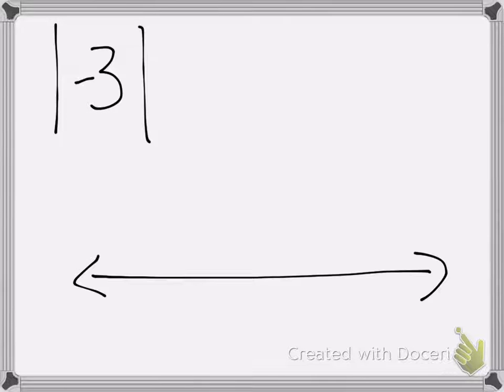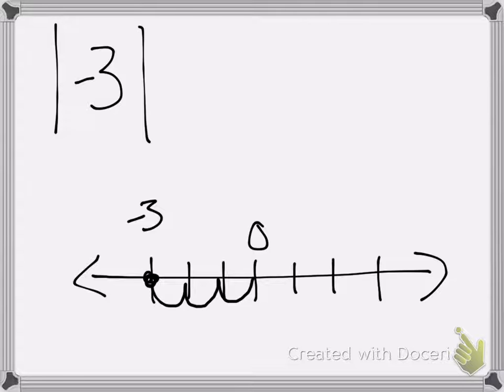Another example we had was -3. So we've got our number line. -3 would be right here, and it's 1, 2, 3 away from 0. So the absolute value, or the distance from -3 to 0, is 3.